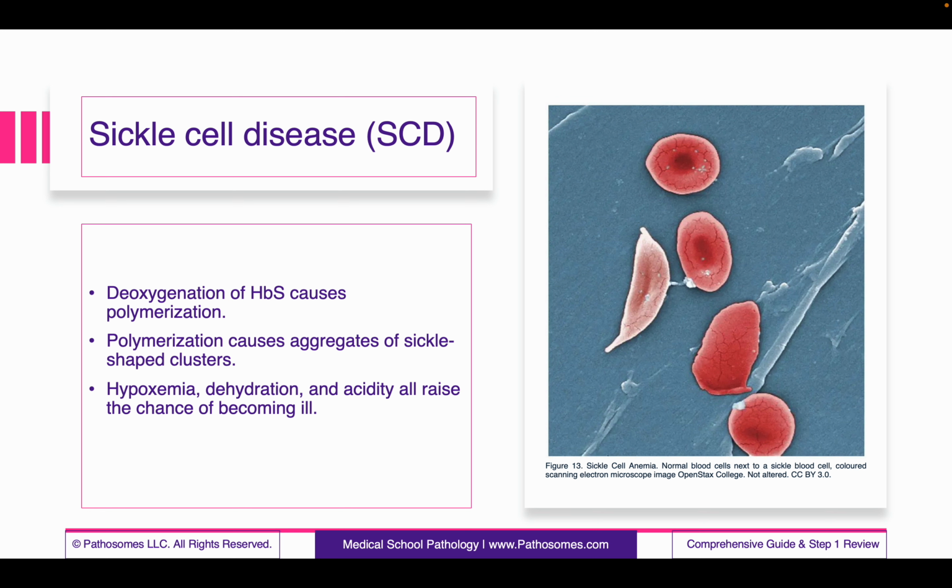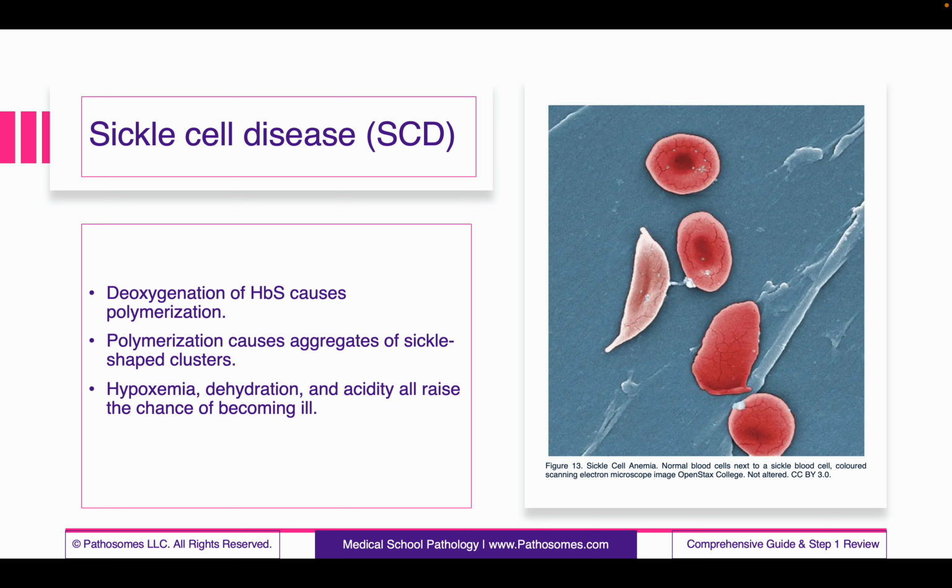Sickle cell disease is quite the process, okay? Make sure you got this. Deoxygenation of hemoglobin S causes polymerization. Polymerization causes aggregates of sickle-shaped clusters. Hypoxemia, dehydration, and acidity all raise the chance of sickling.